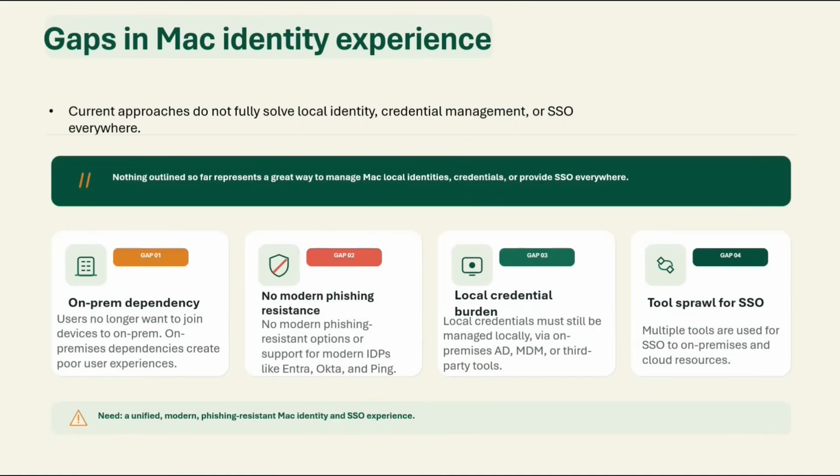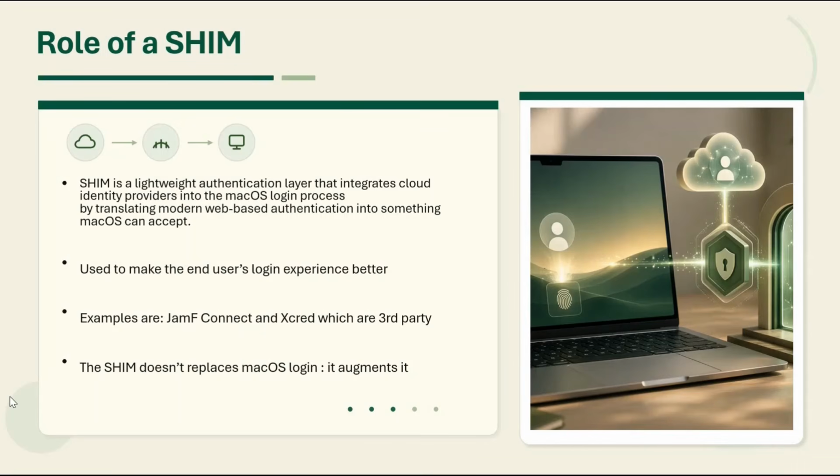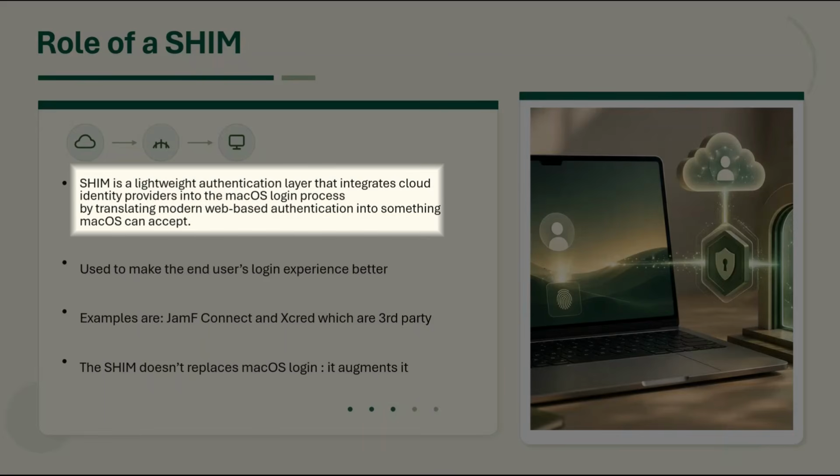Okay. So this was all until, let's say, early 2010 to early 2015. Then came the concept of a SHIM. Now let's understand what is a SHIM, and then the next hop is Platform SSO. So now SHIM is nothing but a lightweight authentication layer that integrates a cloud identity provider into the macOS login process.